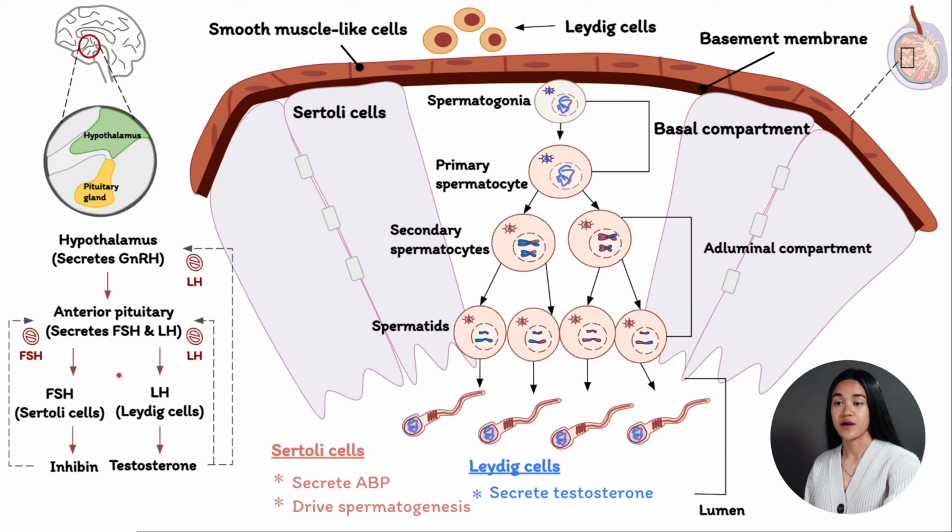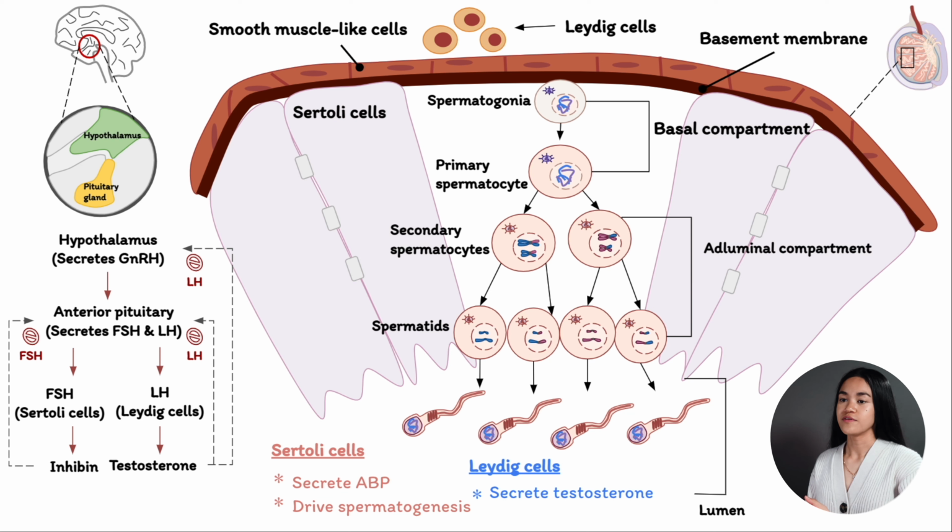LH acts primarily on Leydig cells, which secrete testosterone, and the testosterone acts locally on Sertoli cells with the help of ABP to drive spermatogenesis. And FSH acts on Sertoli cells, which synthesize ABP and nourish germ cells, stimulates spermatogenesis.